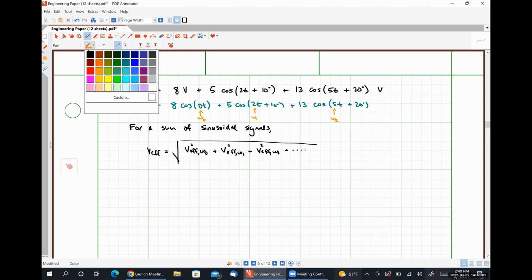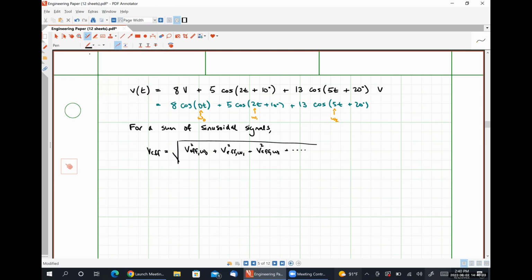Now, we do have to be a little bit careful though, because if we're trying to apply this equation, the effective value of a DC term is the DC term itself. So this is going to be 8 volts squared.